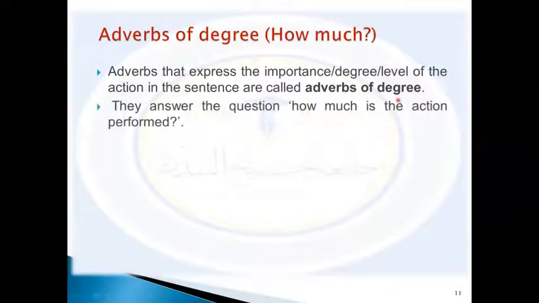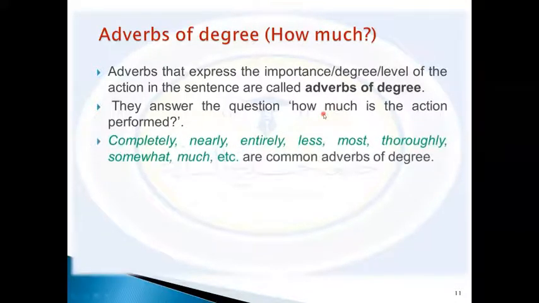So they answer the question of how much the action is performed. Here we have some examples: completely, nearly, entirely, less, most, truly, somewhat, much, etc. are also common adverbs of degree.